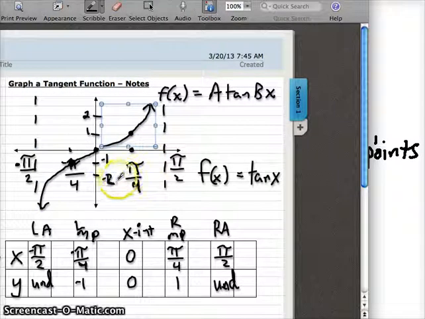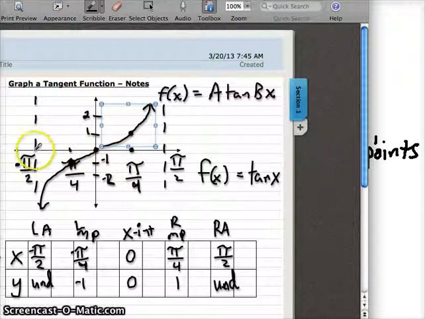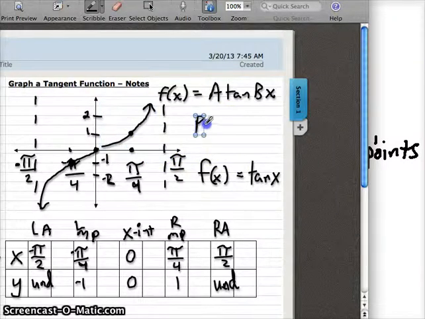And so what we end up getting with our tangent graph is this slight S curve, and that is always the shape of a tangent graph. It will always approach the asymptotes on the left and right side. And our period length is going to be from this asymptote over to this asymptote. So if we evaluate the period, our equation was pi over b. In this case, b is 1.